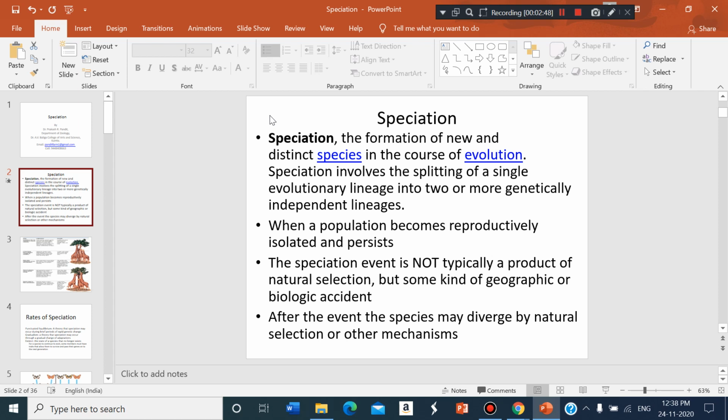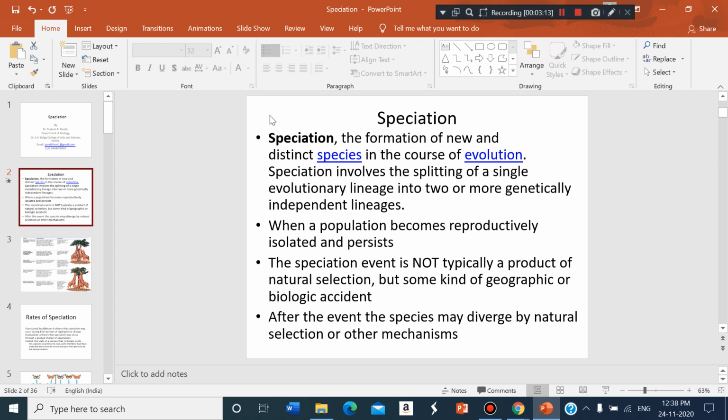That is what we call speciation. Generally speaking, when a new species is formed, the older one will perish. It is not fully perishing, it is actually incarnated into a new one.